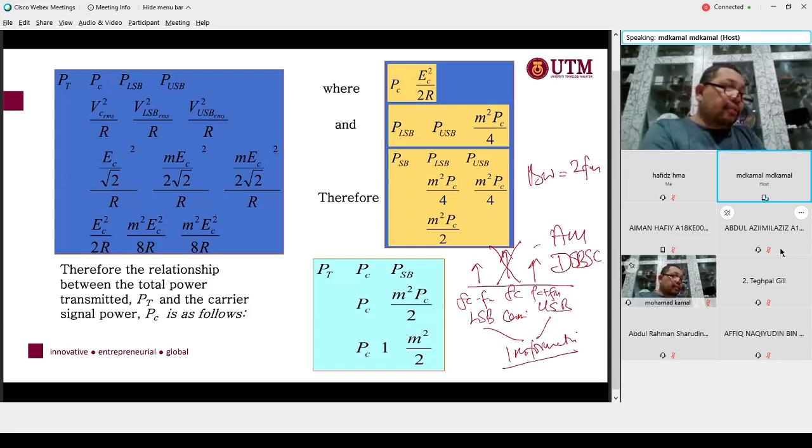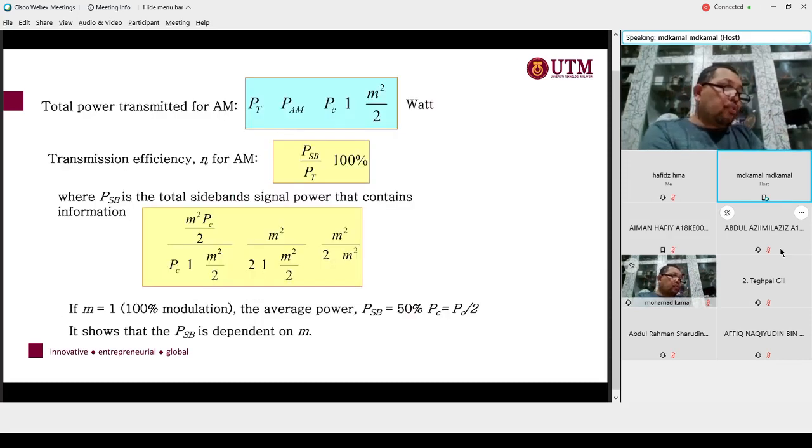Okay, all right. So next, the power transmitted, the power of AM, is equal to PC times 1 plus M square over 2. Since the information is at the sideband, we can calculate the efficiency of your system. The efficiency for the AM signal is equal to power in the sideband over transmitted power multiplied by 100%. Because the efficiency relates to where the information is, and only the sideband has the information.